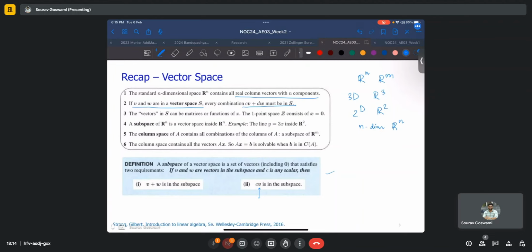Again, the vectors in S can be matrices or functions of X. We went over this last week as to how the intuitive idea we have developed, say in a physics course, is of vectors being quantities with magnitudes, directions, and a sense. However, that need not be the case always, and in fact, a vector can be generalized to be any quantity we want it to be.